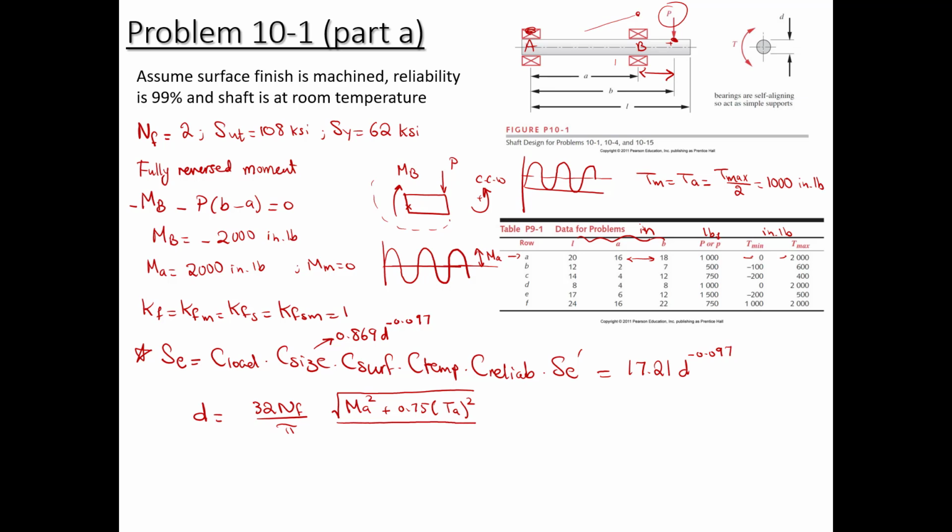Now here, since the moment is in inch pound, we have to make sure that we match the units here.